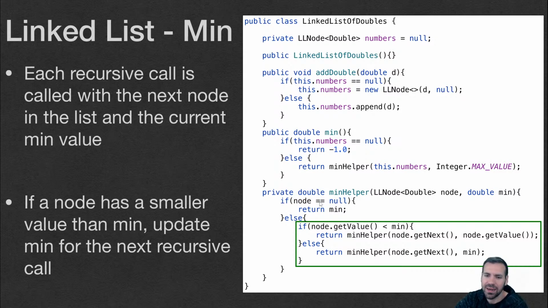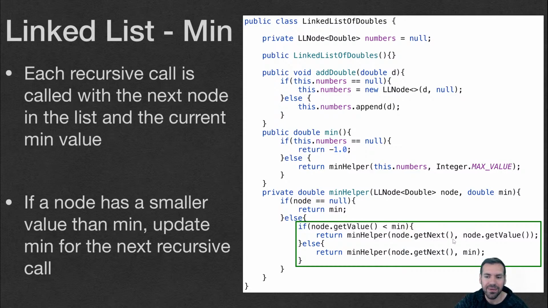And then if node is not null, now I can safely say node dot. I can use the dot operator on node because I know it's not going to be null if I ever got into this else statement. So node.getValue less than min, our usual checks for minimum value. If the value at this node is less than the minimum value I've seen so far, make the recursive call on the next node, which might be null.